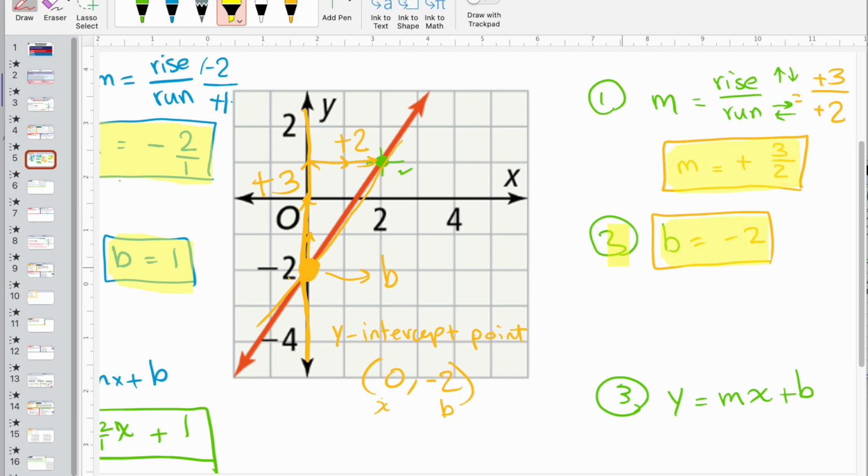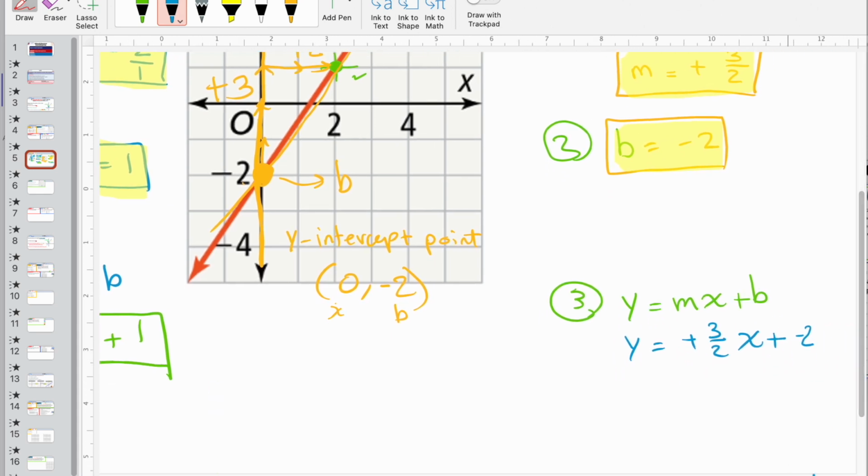Now just substitute. Y equals M, which is positive 3 over 2, x plus B, which is negative 2. Positive with negative should be a negative answer.